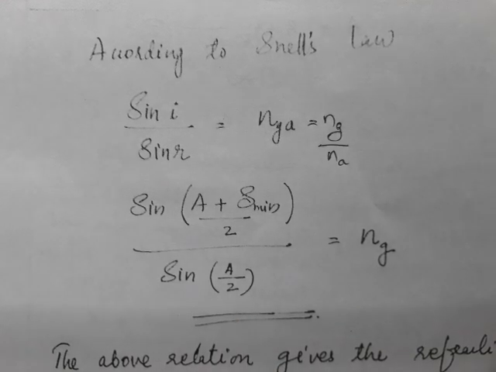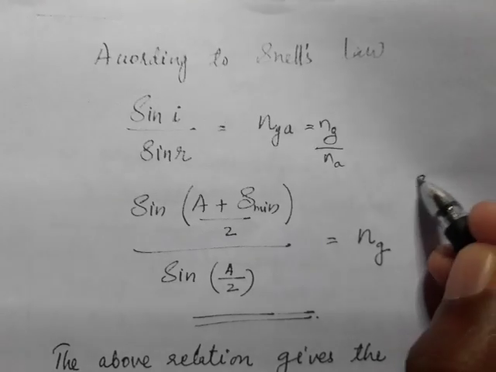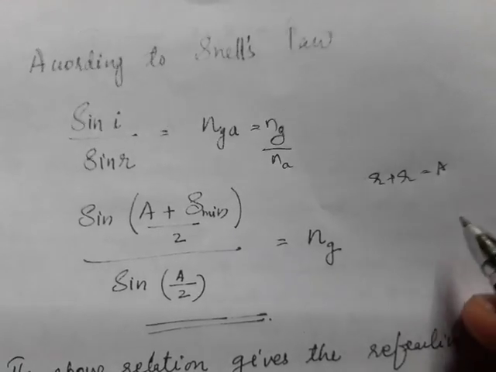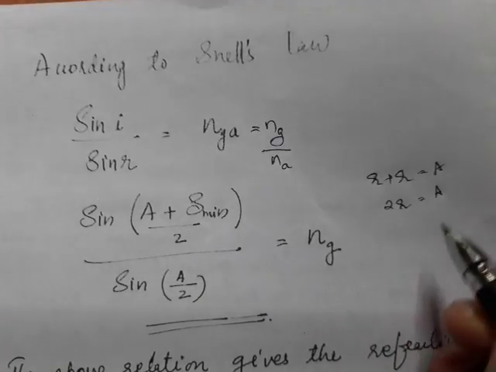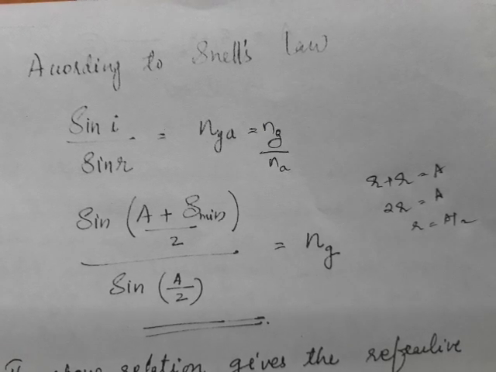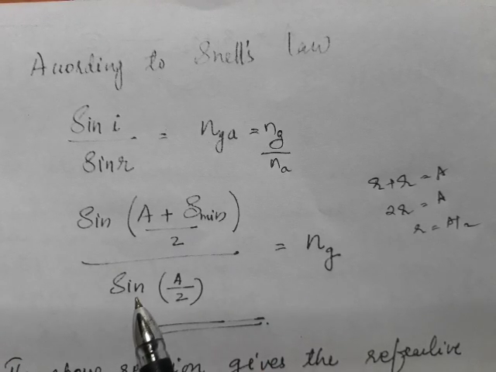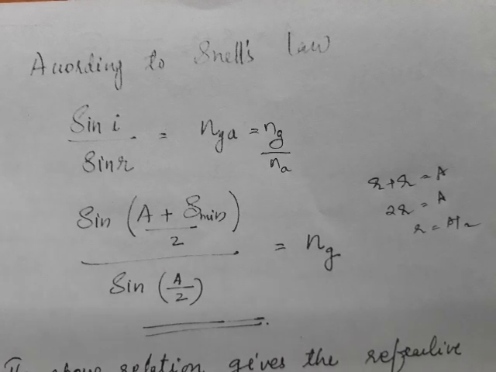We got 2R is equal to R plus R is equal to A, or R is equal to A by 2. So if you substitute, sin of A plus delta minimum by 2 divided by sin A by 2 is equal to N glass.